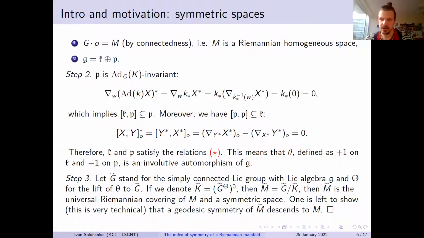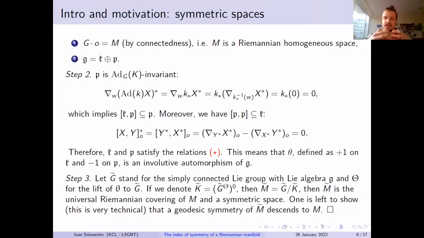So this is a standard part of symmetric spaces and how you present them with symmetric pairs, that G tilde mod K tilde is nothing but the universal Riemannian covering of M. And because you can represent it as G tilde mod K tilde, which comes from some involutive isometry, M tilde is a symmetric space. So M itself, we don't know yet whether it's a symmetric space, but we know that it's homogeneous and its universal Riemannian covering is a symmetric space. In particular, M is locally symmetric.